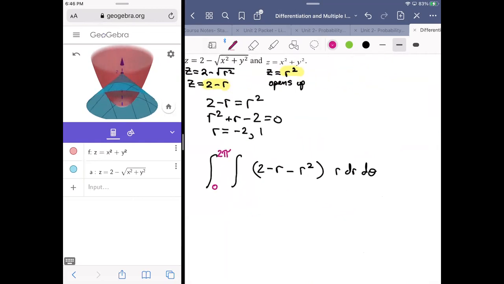Now, in terms of the r values, if you look at the z-axis, it's hard to see, but you can kind of see it there, right at the 2. It looks like you have a z-intercept of 2.